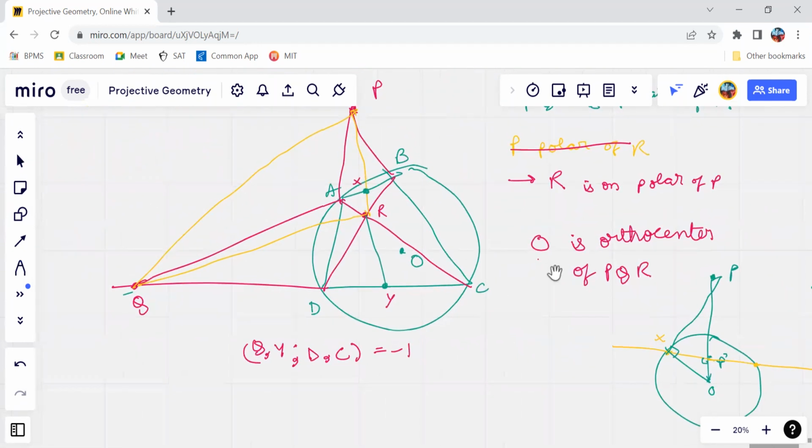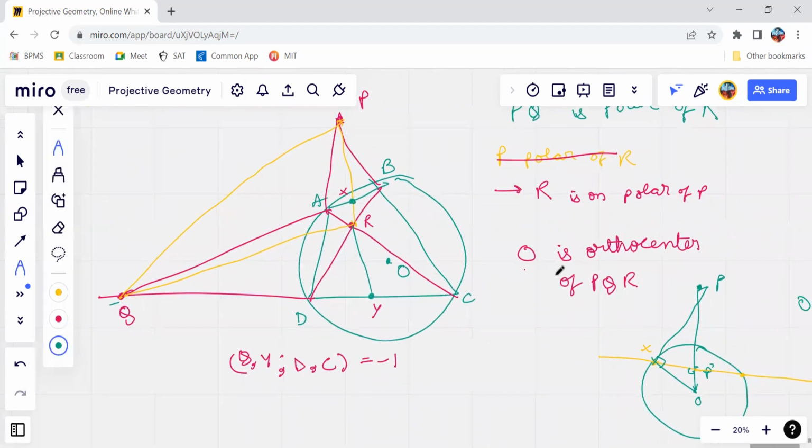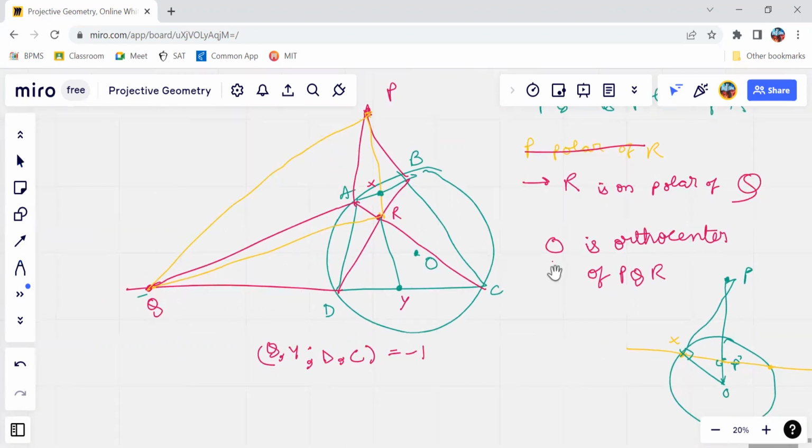The point R is kind of weird to deal with, so we'll instead show it with Q, in order to be able to see this with what I've drawn.